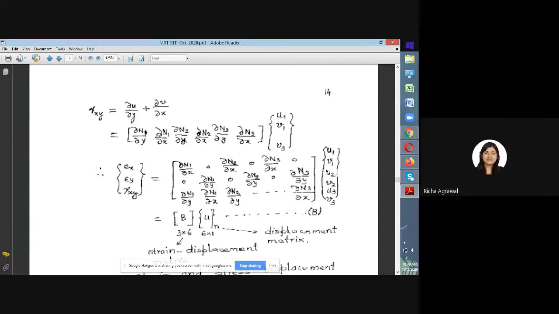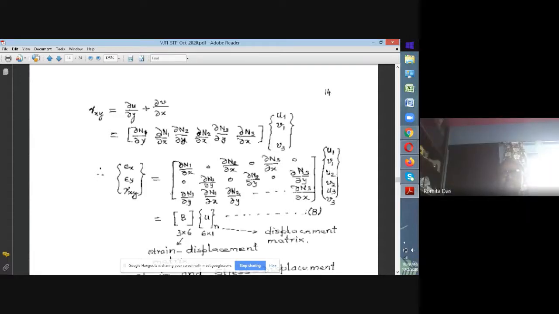Get the point? So if the displacement is negative at some point, its contribution will automatically be accounted for, because your total expression is U equal to N1 U1 plus N2 U2 plus N3 U3.